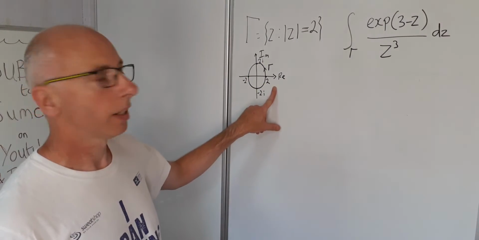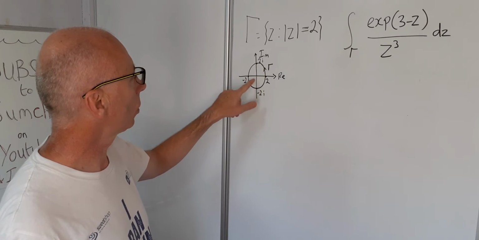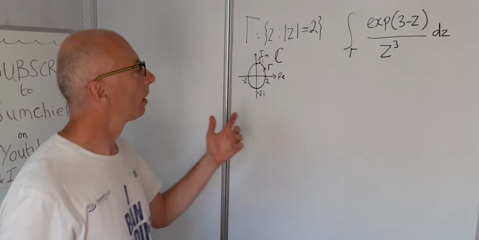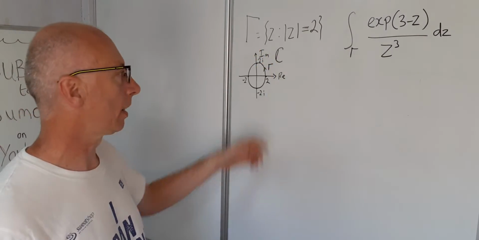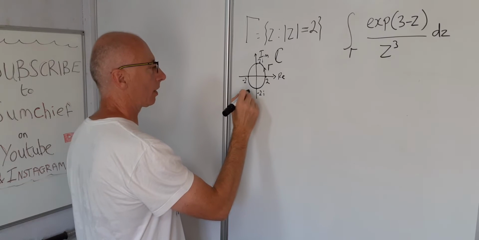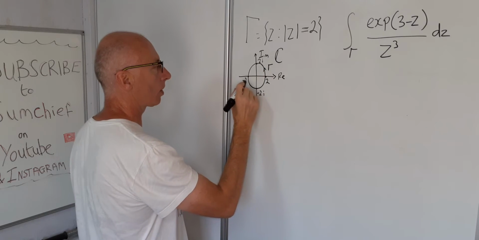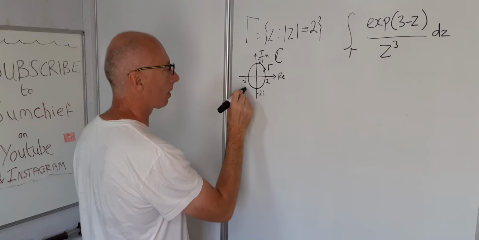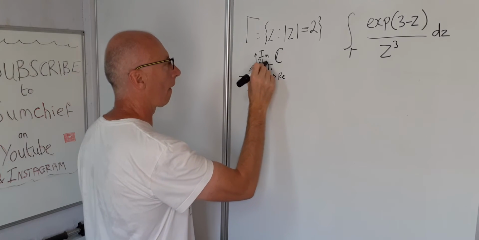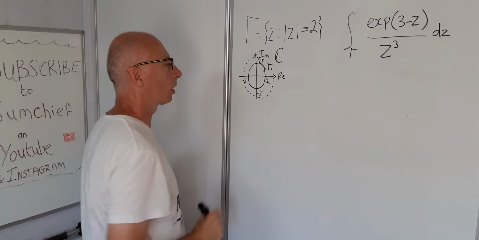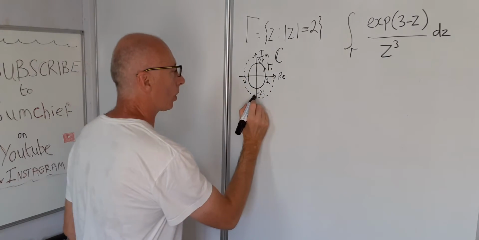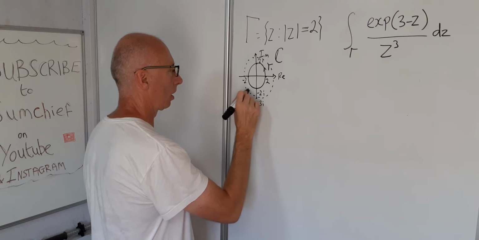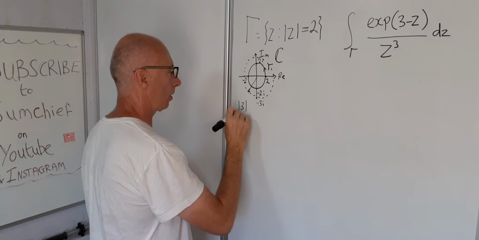Now we can see that this simple closed contour in the complex plane is fully contained inside, and we can also say that this region here is contained within this part here. So we have a simple contour, and we can call this radius 3, so that's modulus 3.